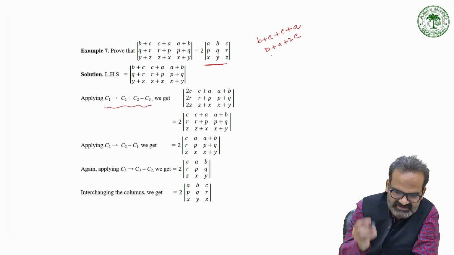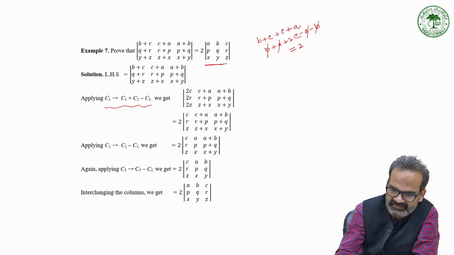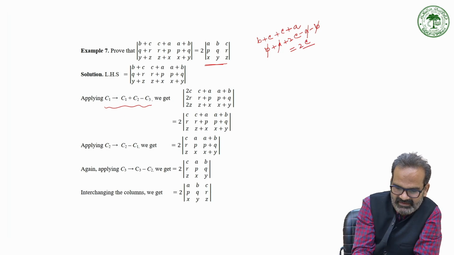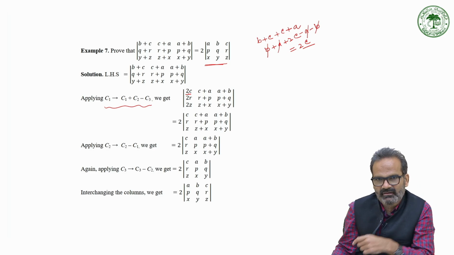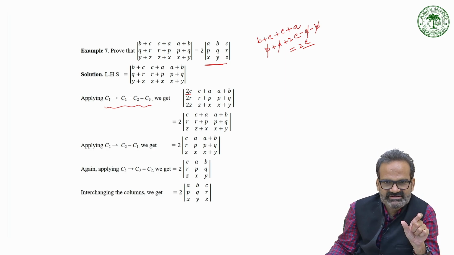And this should be subtracted from C3. C3 is what? A plus B. So, minus A minus B, B and A will cancel out. What is left? You are getting here 2C. We are getting 2C as the first element of the first column after using this operation.